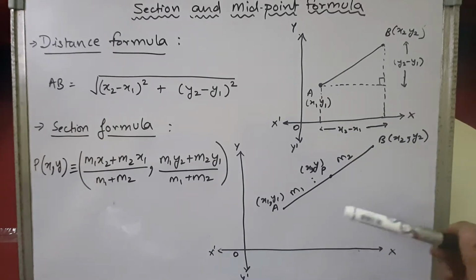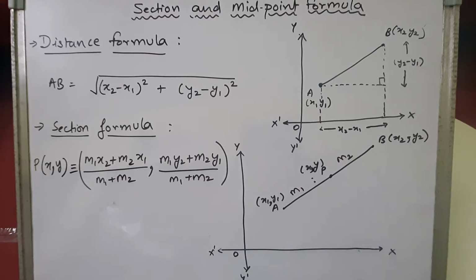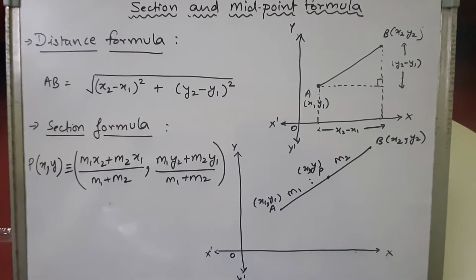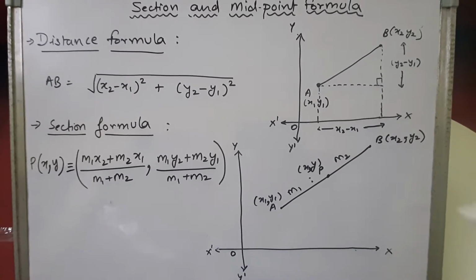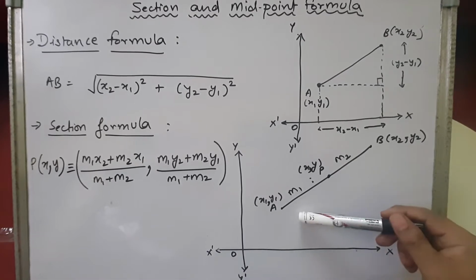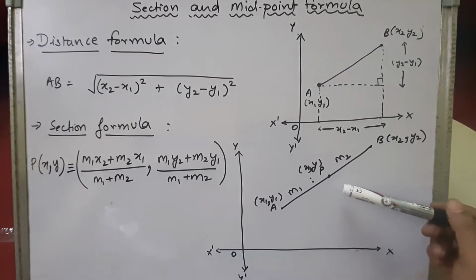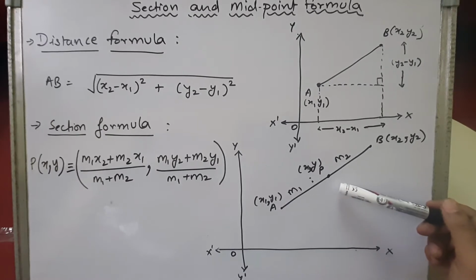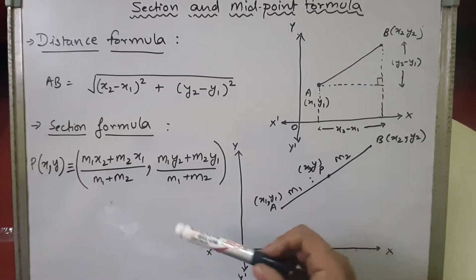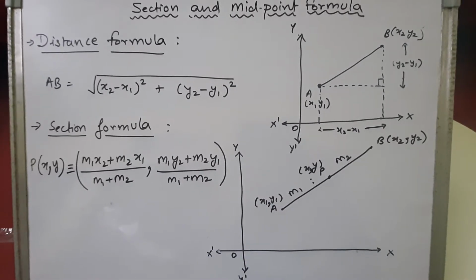Now similarly, if there are 2 points A and B, A has coordinates x1, y1 and B has coordinates x2, y2, and we have to find the coordinates of P, which is dividing the line AB in the ratio m1 is to m2, then the abscissa of P will be (m1 x2 plus m2 x1) upon (m1 plus m2).